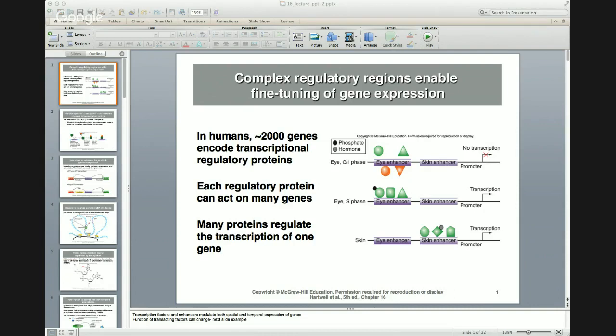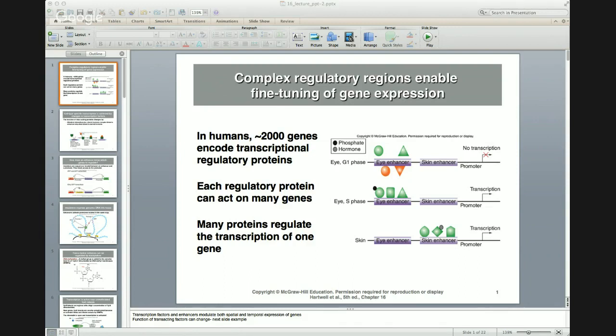So how do these enhancers work? We know enhancers are involved in modulating gene expression depending on what is bound to the enhancer. If an activator is bound, then it increases expression above basal level. If a repressor is bound, then gene expression is decreased. But how does an enhancer know which gene to regulate?